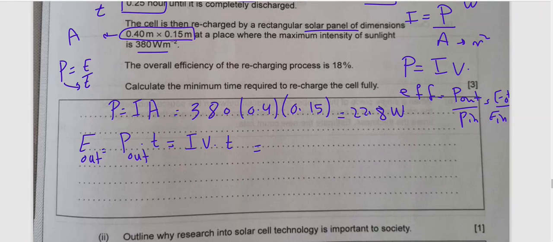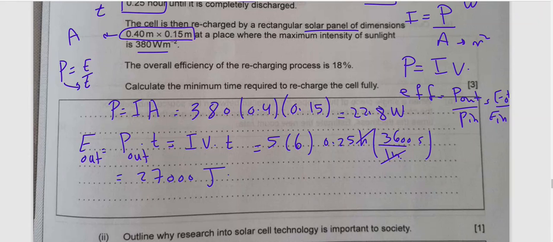The voltage is 6, the current is 5, and the time is 0.25 hour. Now 1 hour is 3,600 seconds, 60 times 60. So this value you will get is 27,000 joule.